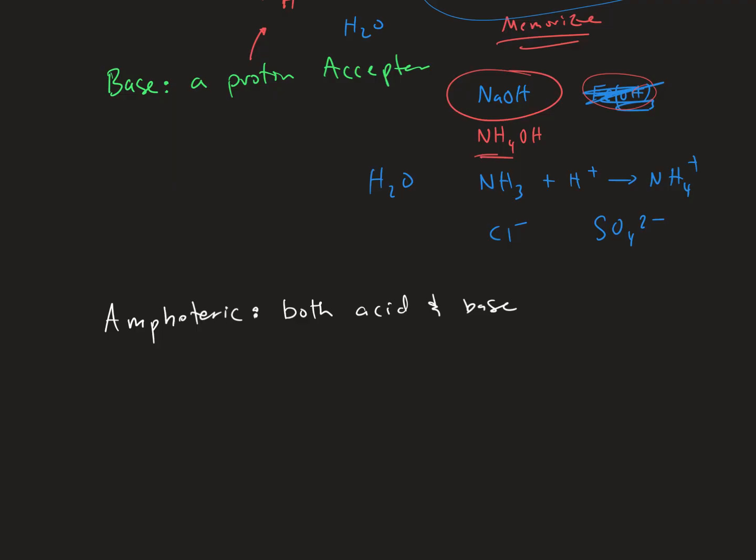If they can be both an acid and a base, do you think it's a strong acid or a strong base? No, it's a weak acid and a weak base. But we'll get into strong acids, weak bases, and strong bases later.